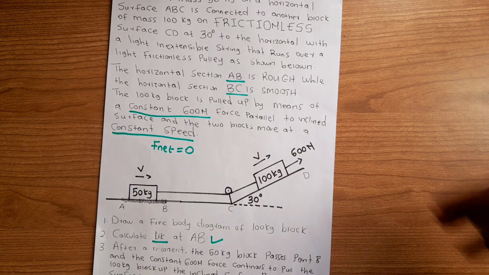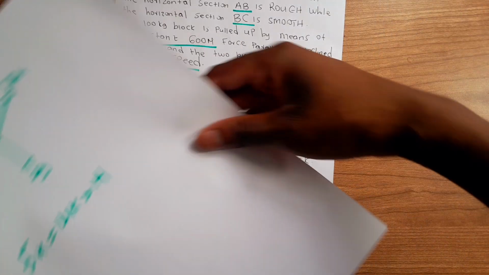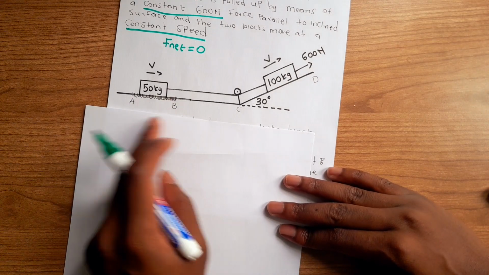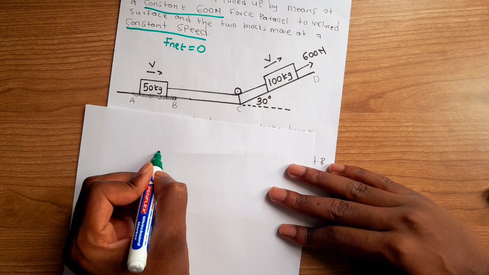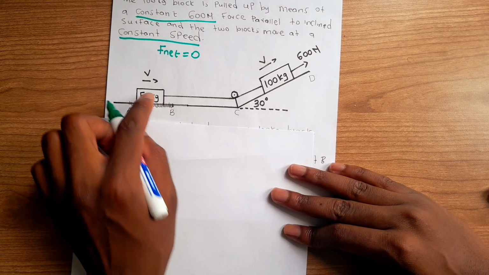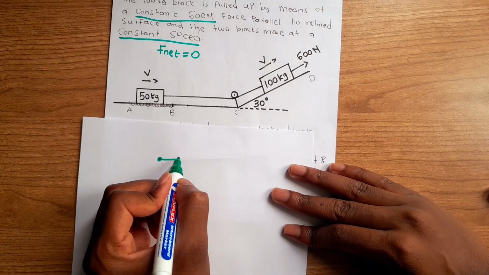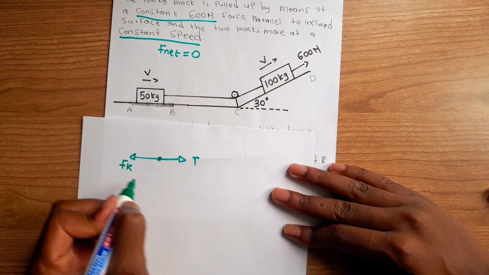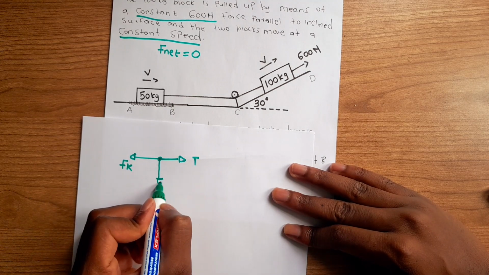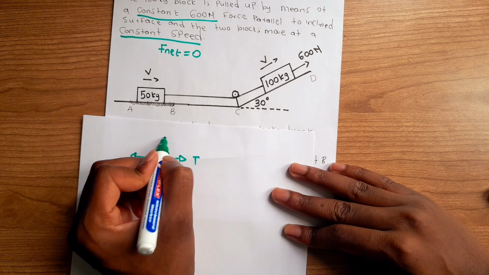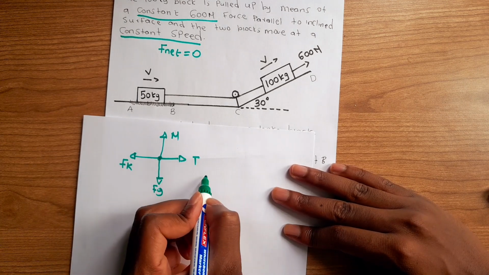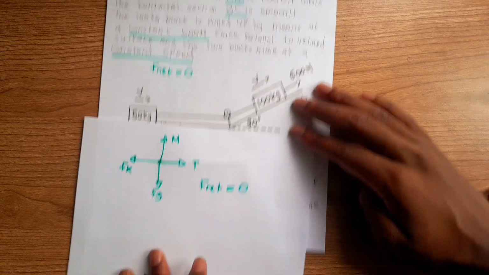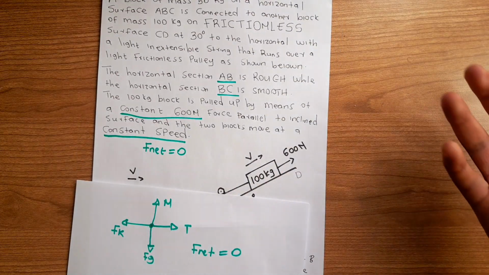You don't panic, because if you come to point AB and draw the free body diagram of this 50 kg block, you're going to have tension, friction, Fg and the normal force. F net equals 0, because it is under constant speed, right?